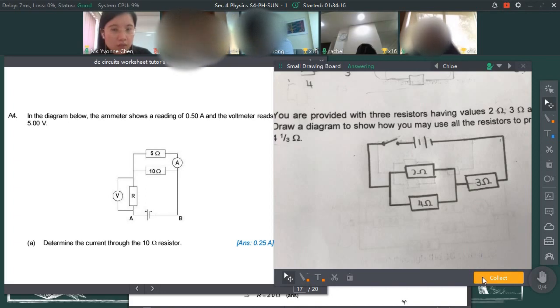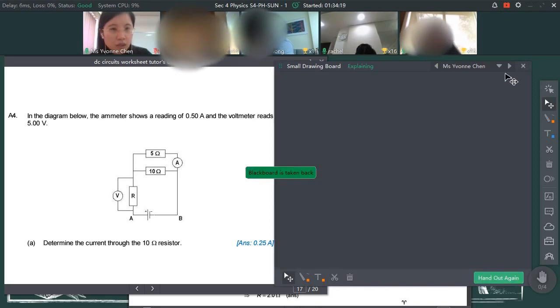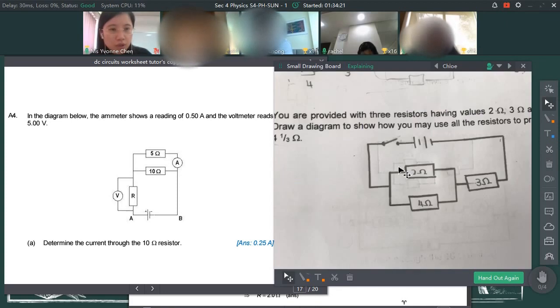Sorry, I'll collect the small drawing board first. And class, can I show you Chloe's working for question 3? Can you see? Do you notice she actually included the switch, which is good. Okay, all of you get the correct combination.